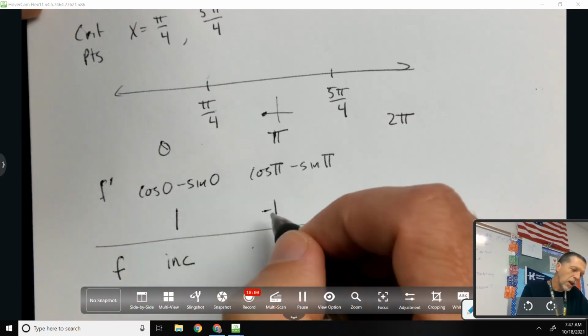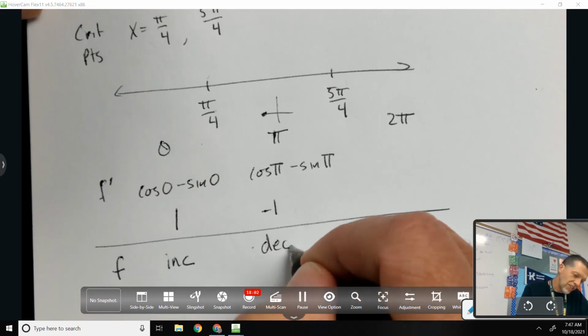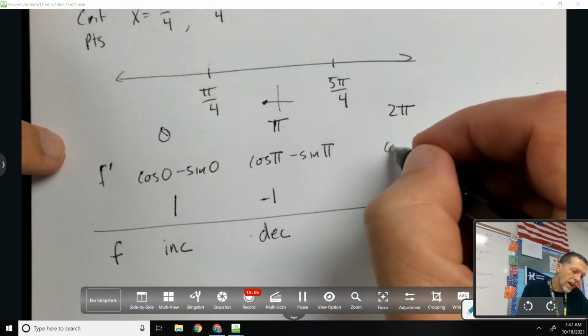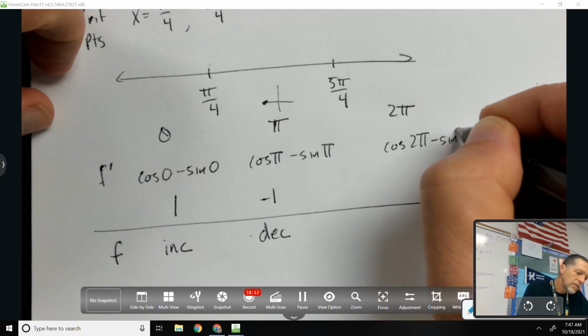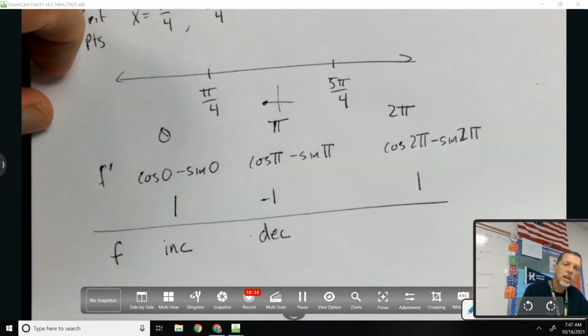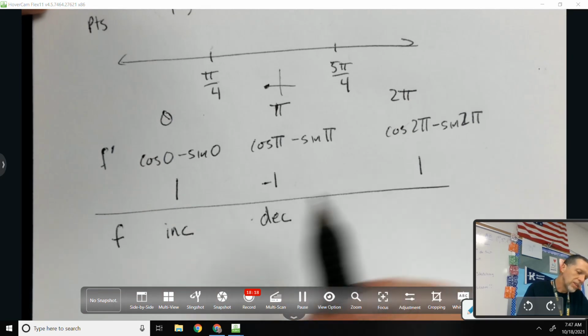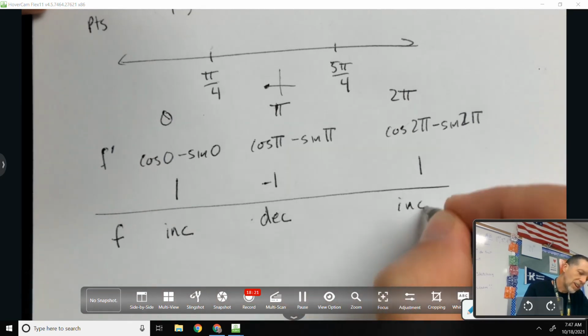So f prime is negative, which means f is decreasing. And then 2 pi, well, 2 pi should give me the same thing as 0, but I guess we should check to make sure. Cosine 2 pi minus sine of 2 pi. 1 minus 0 is 1. F prime is positive, that means f is increasing.